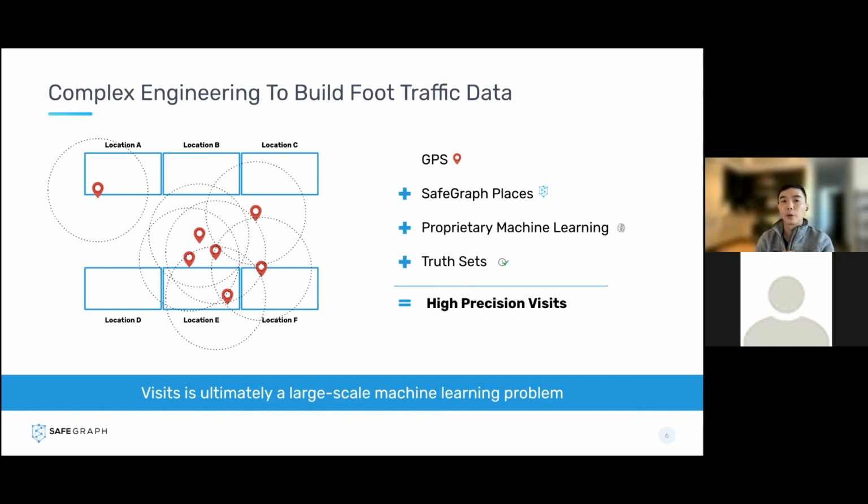Just so other people are aware, what this means is that for each cluster of GPS pings, we provide a list of what we call possible places. Say locations A, B, C, D, E, F. Let's say there's cluster 1 here, and then there are 6 possible locations here. So our pairwise comparison is intended to compare this one cluster with these 6 locations and figure out which of these 6 should be assigned to this one cluster.